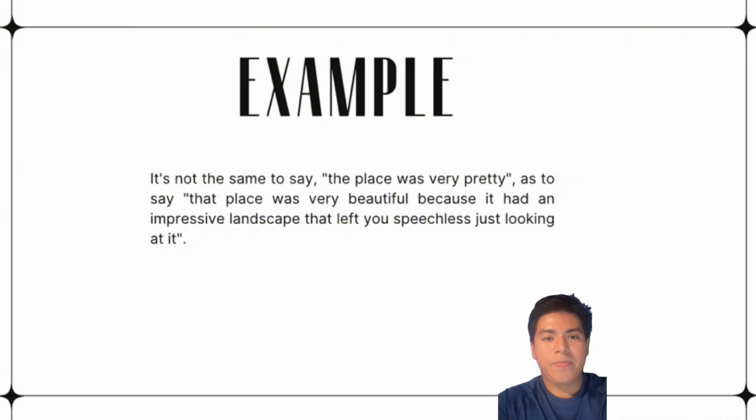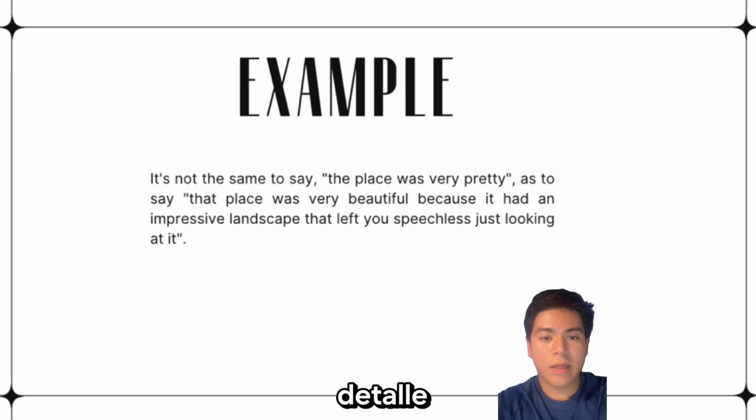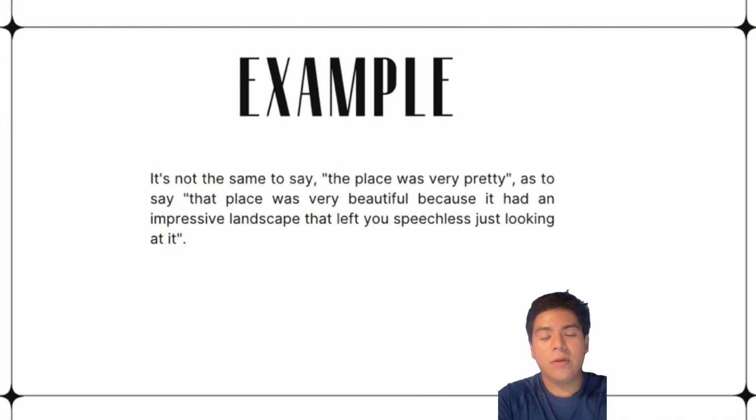The second sentence is a good example of vivid language because it gives more emotion, detail, and description, and the people listening to that sentence can imagine the place we are describing. It explains why the place looked special and how it made the person feel.